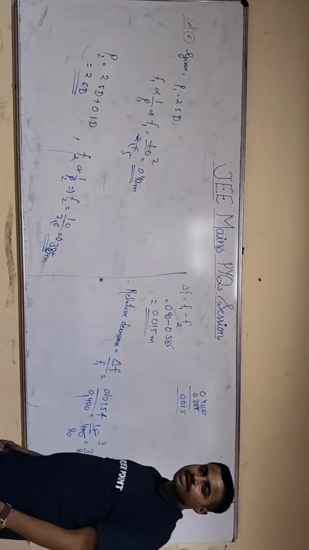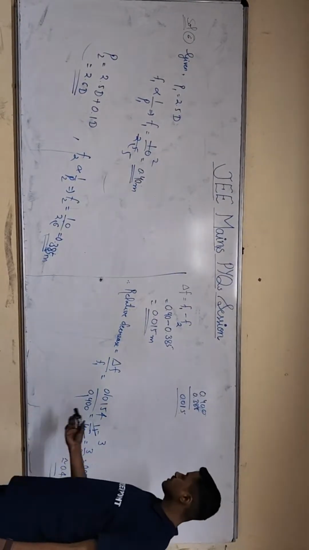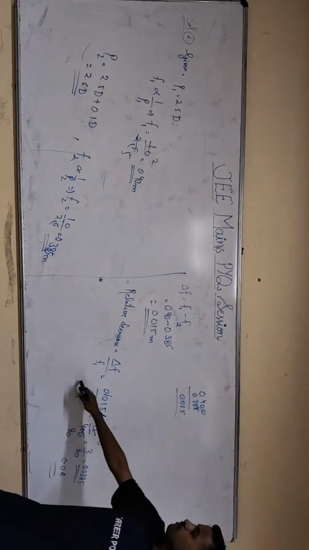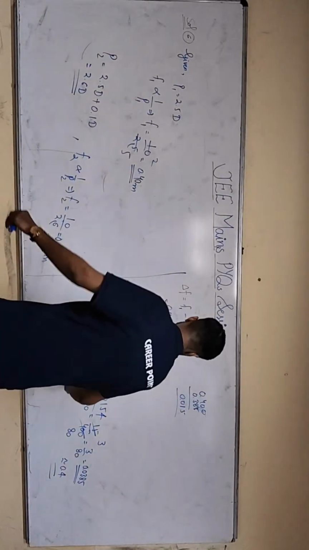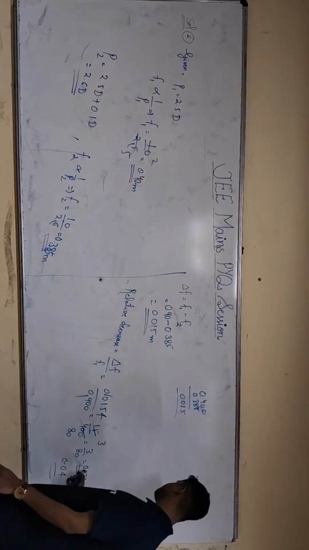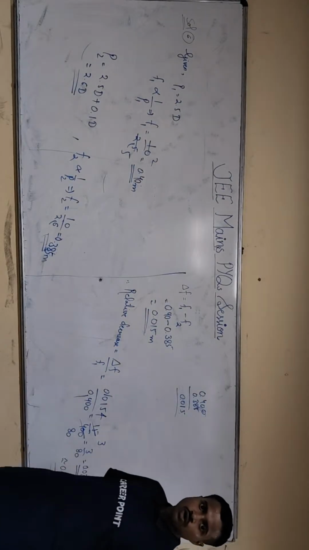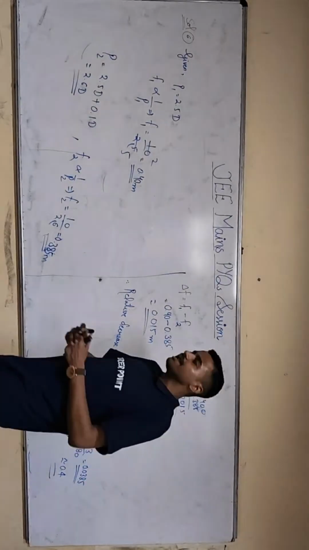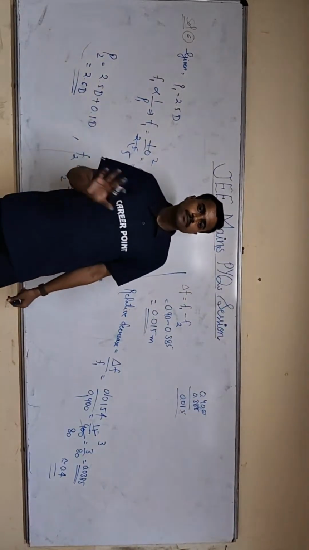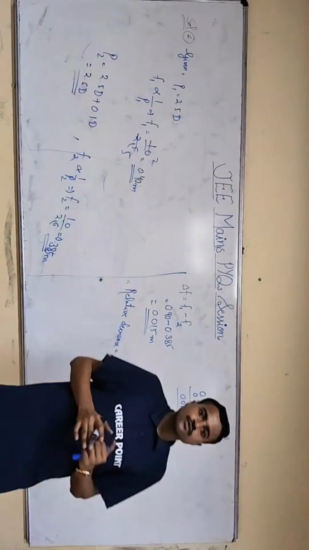The relative decrease is change in F upon F1. Substitute the values and get your answer. Your final answer is 0.0385, approximately 0.04. I hope you have understood the question very well.